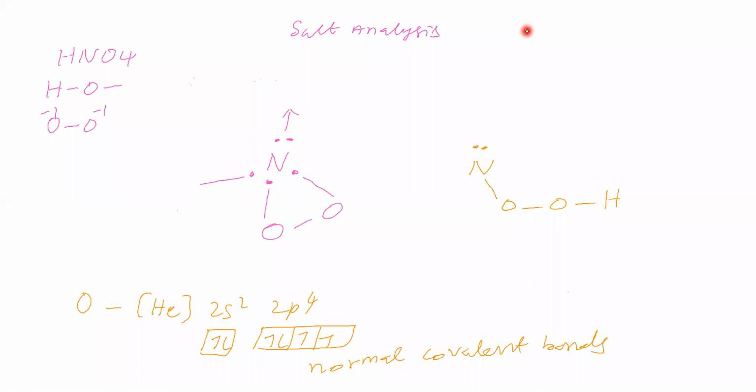3-membered, 4-membered, 5-membered, 6-membered rings you will see. How will the angle strain be there in these? 3-membered ring, for example, cyclopropane. 4-membered ring, for example, cyclobutane. 5-membered ring, cyclopentane. 6-membered ring, cyclohexane.